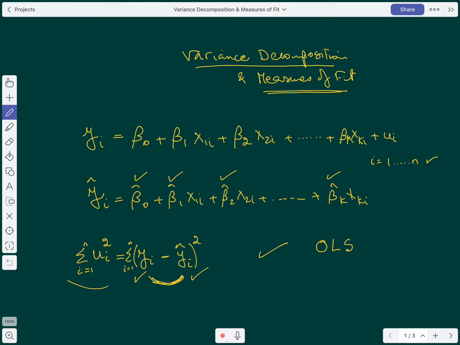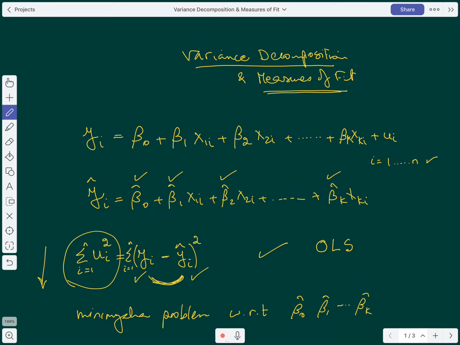So we do a minimization problem with respect to the coefficients beta hat naught, beta hat 1, all the way up to beta hat k. That's basically the idea behind ordinary least squares.